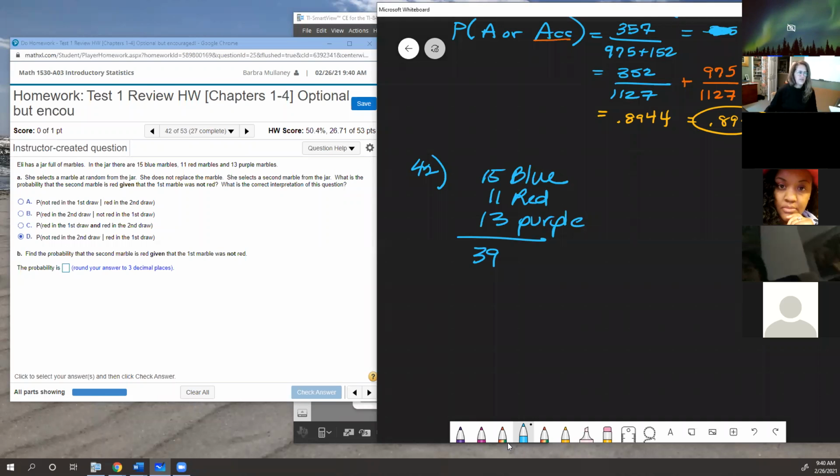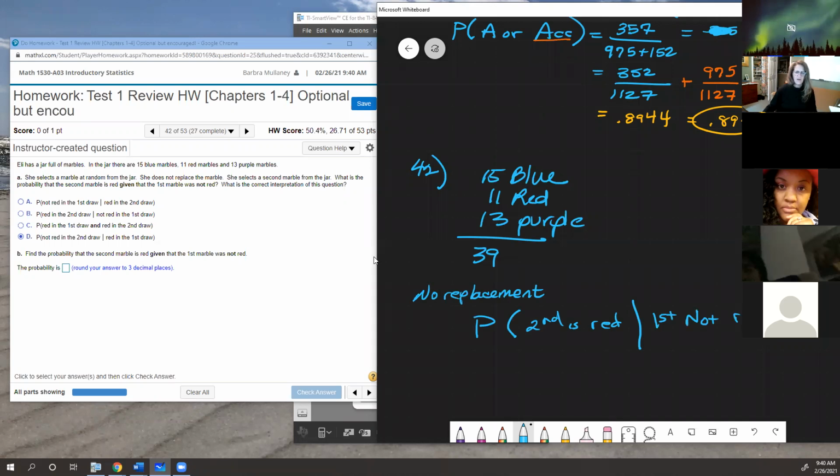There is no replacement here. So when she gets that second marble, she's going to have a new total. So what is the probability that the second marble is red given that the first was not red?